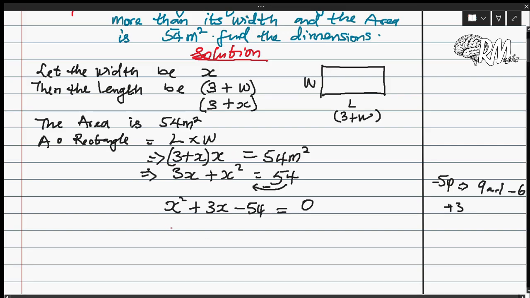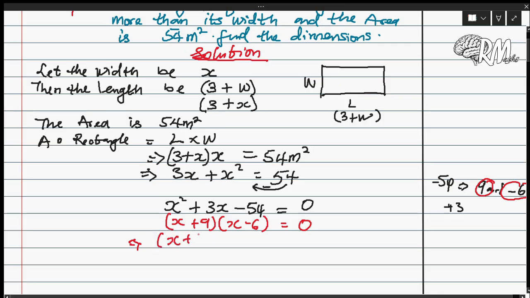Then we open our brackets. We have brackets here and brackets here equals 0. Then we open these two with x, x here and x here. The first number, 9, is a positive 9, so we put plus 9, and the second number is minus 6, so we put minus 6. The next step is to equate each bracket with 0.